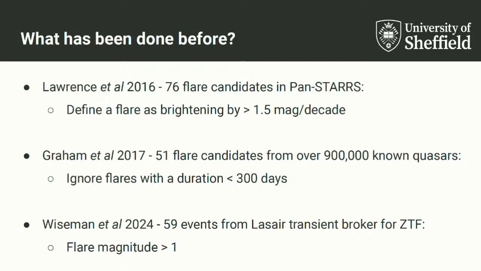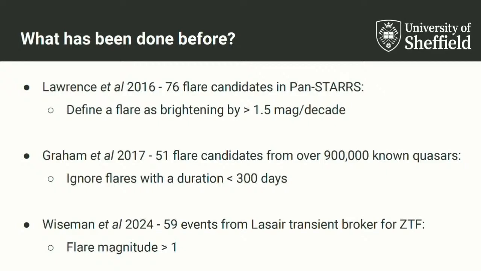Well, the majority of the literature focuses on individual events that have been detected serendipitously. I've picked out a few principal studies in this area, and I don't have time to talk about them all in detail, but I just want to mention that the first and the third study are selected based on an amplitude cut, right? So anything above a certain magnitude gets flagged.